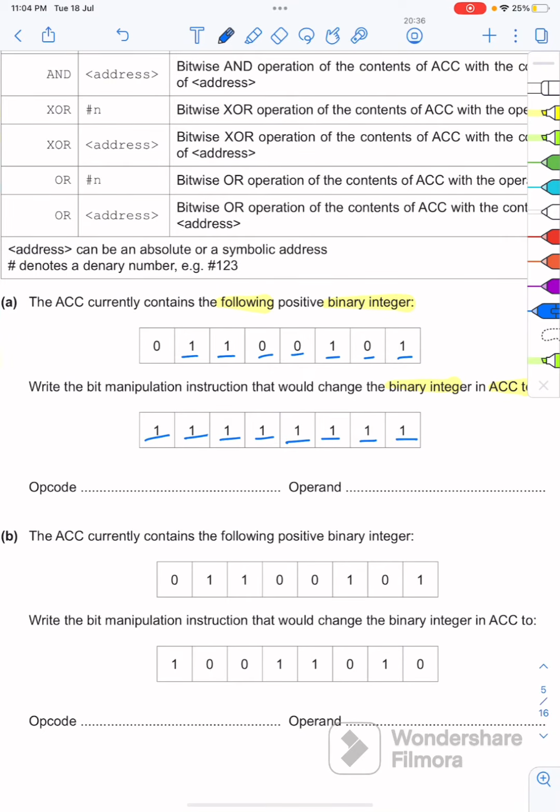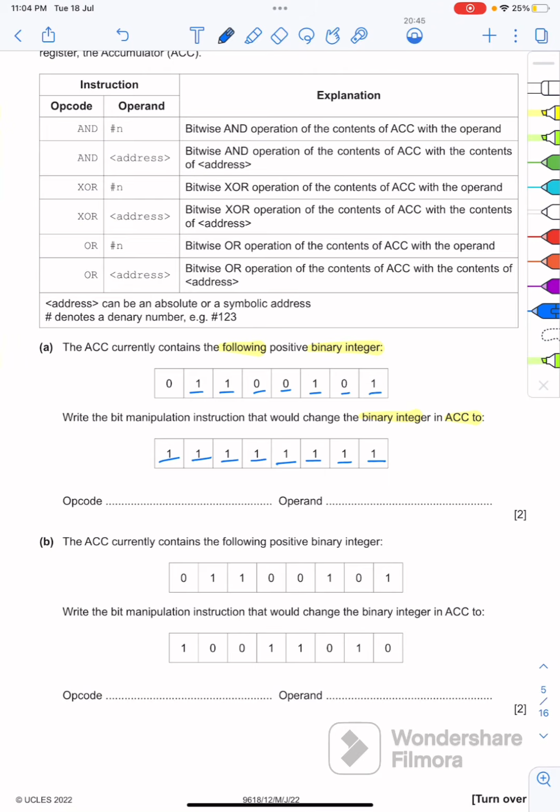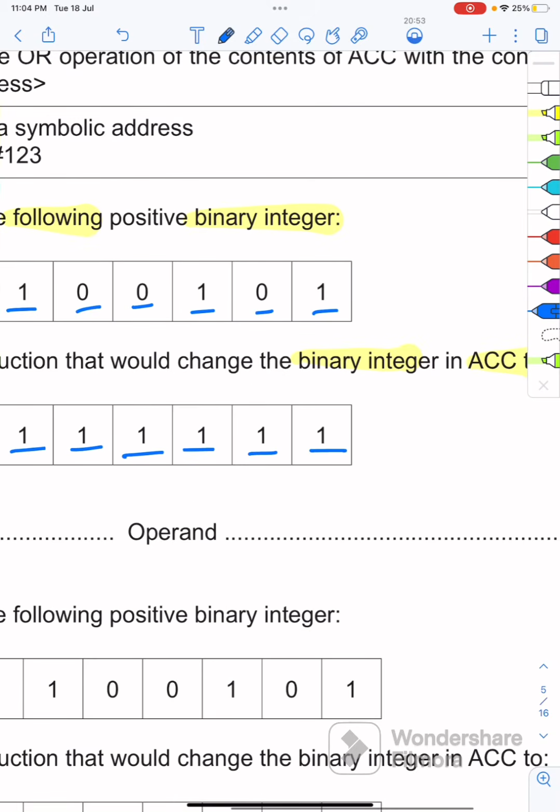So a bit of common sense would tell you that for all of that to happen, you can't use an AND operation, because AND essentially takes a product. So unless you've got 1 and 1 here, the change would not occur, it would not be 1.